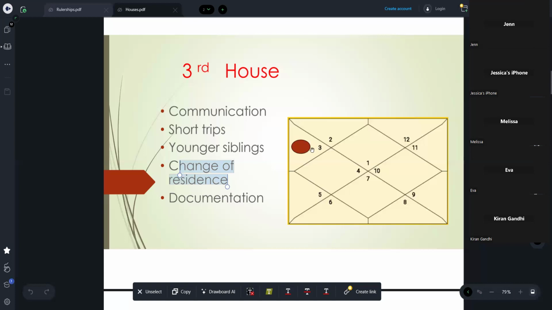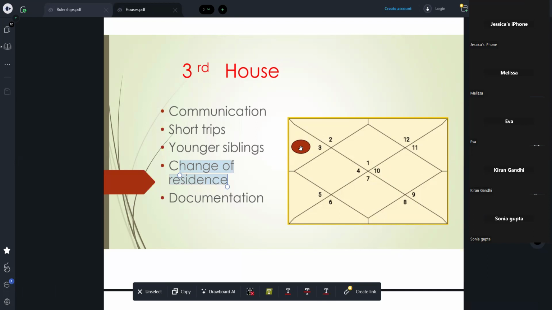If you want to see in someone's chart what direction they're going to be traveling in, you need to know what direction Gemini represents, and you can decode a whole bunch of stuff about their chart, because this represents travel, short trips. The sign in here, the planets in here will tell you where this person is traveling during a certain time period.